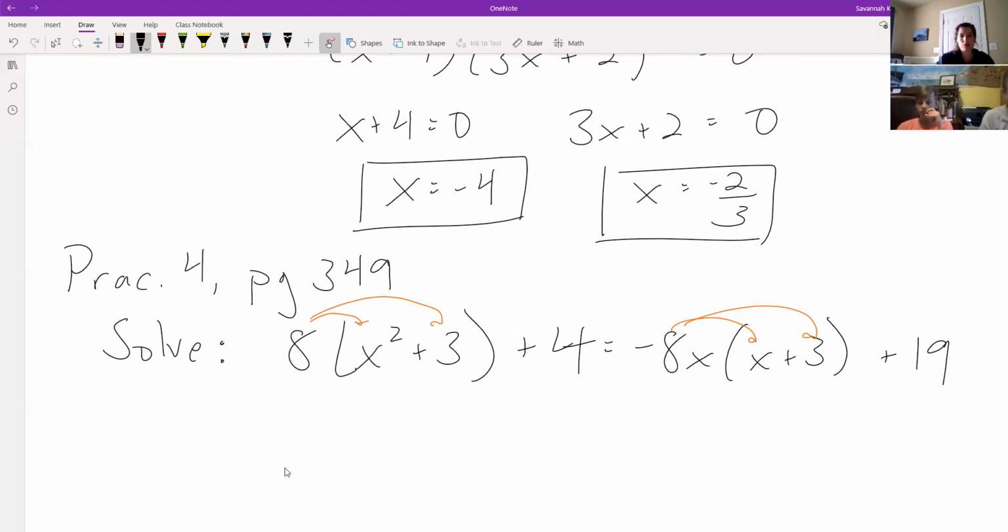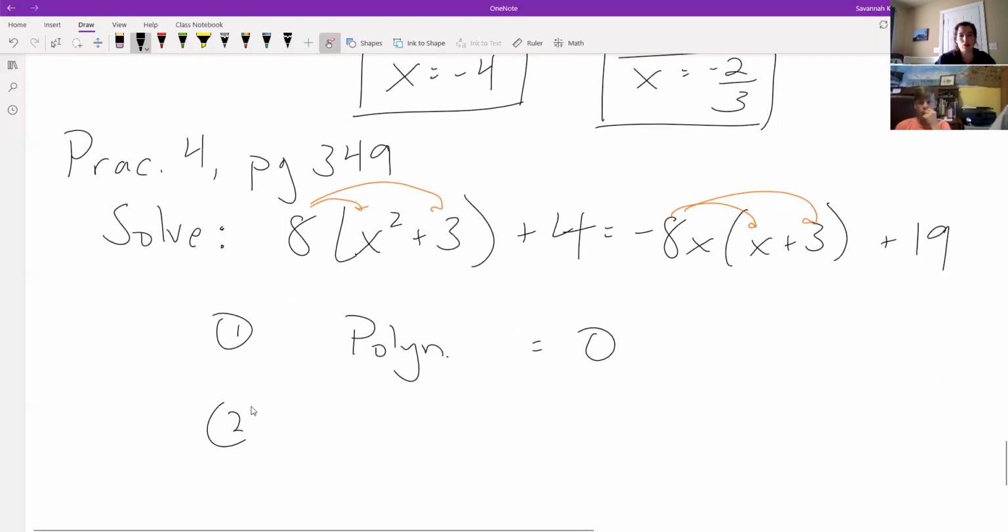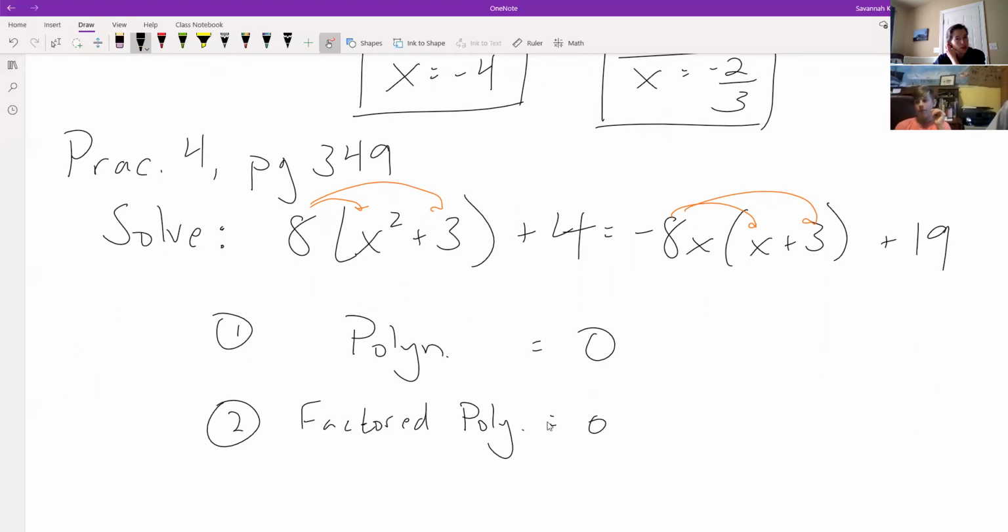We're going to work this down to where we have a polynomial equal to 0. That'll be the first thing that we do. And then the second thing that we do is to make it a factored polynomial equal to 0. So it'll take us a while to get to where we have what we need.